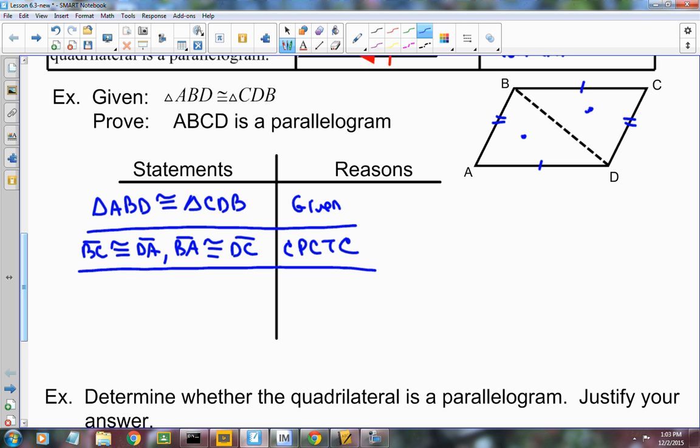So now I've established that opposite sides are congruent. I can say that ABCD is a parallelogram. And the theorem really is this: if a quadrilateral has opposite sides that are congruent, then the quadrilateral is a parallelogram. So I'm going to write that whole thing out. So you can just put opposite sides congruent. That'd be sufficient.